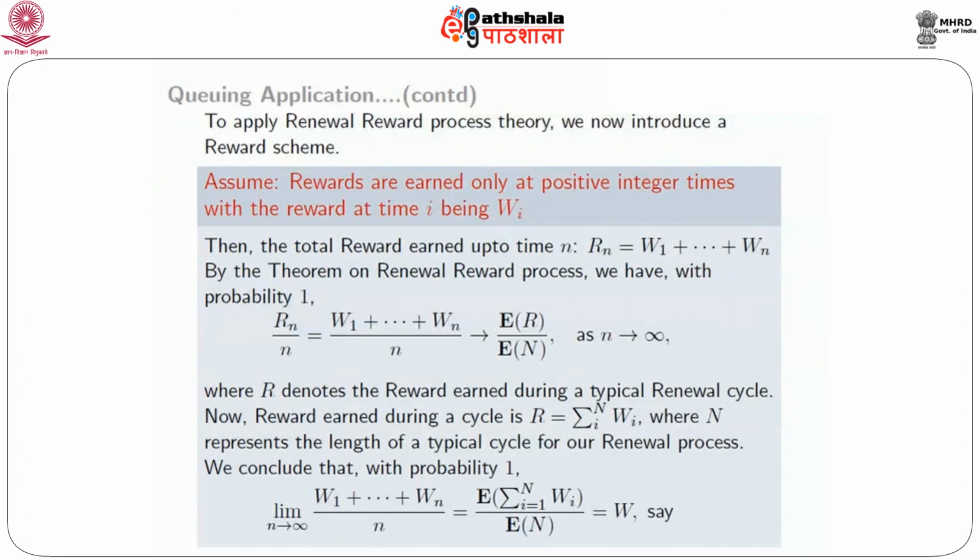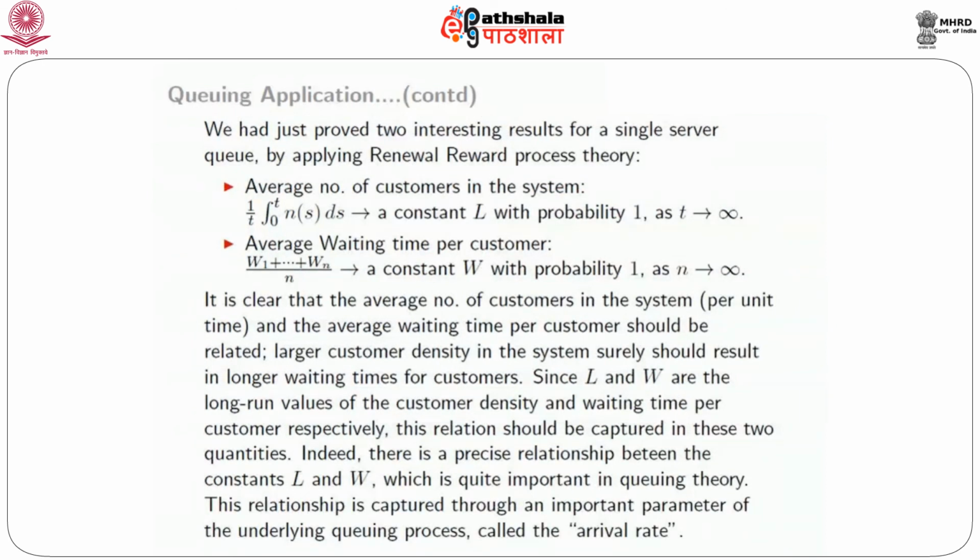We have just proved two interesting results for a single server queue by applying renewal reward process theory. First, the average number of customers in the system, here I mean time average, given by 1 over t times the integral from 0 to t of N(s) ds, converges to a constant L with probability 1 as t goes to infinity.